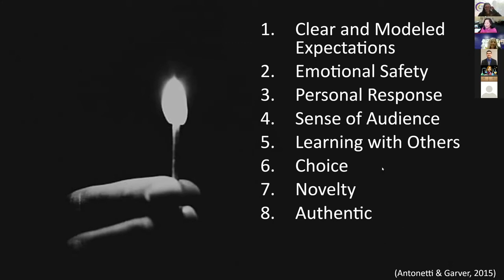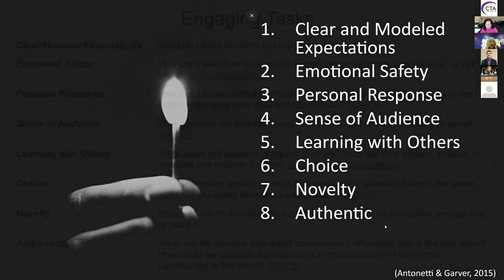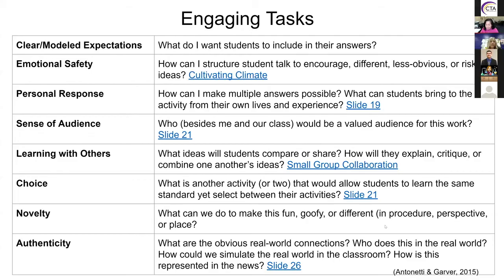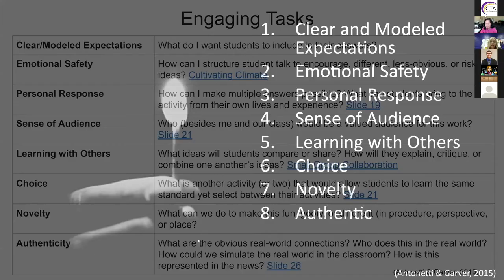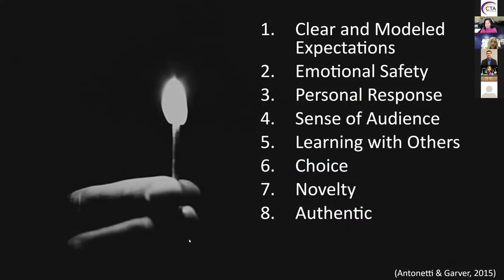All right, Cheryl, you want to take it away? All right, thank you, Dr. Chen, for sharing with us the information on clarity, rigor, difficulty versus complexity. And as Dr. Chen said, we're going to spend the second half of our time here together looking at the 8 characteristics of engaging learning tasks.